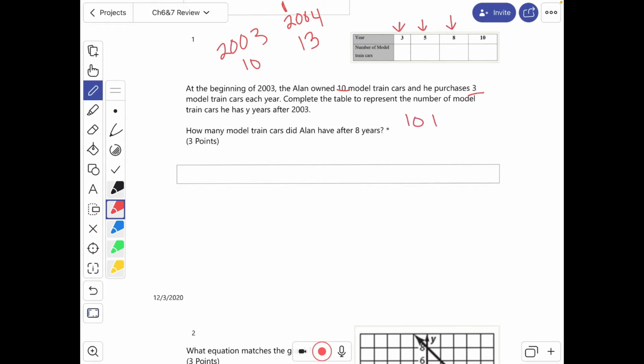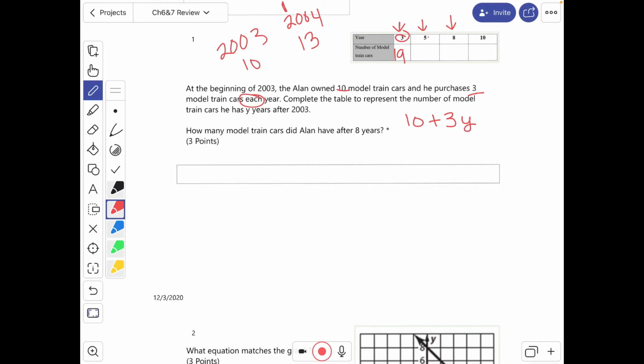He starts with 10 model trains, and he's going to add 3 more each year. Each is a word that means to multiply, so that's 3 times however many years. So then I can plug in the numbers from the chart. If I plug in 3, it'll be 3 times 3, which is 9, and 9 plus 10 makes 19.